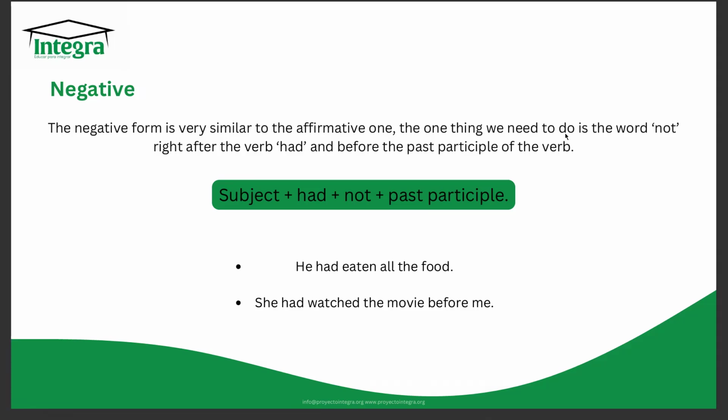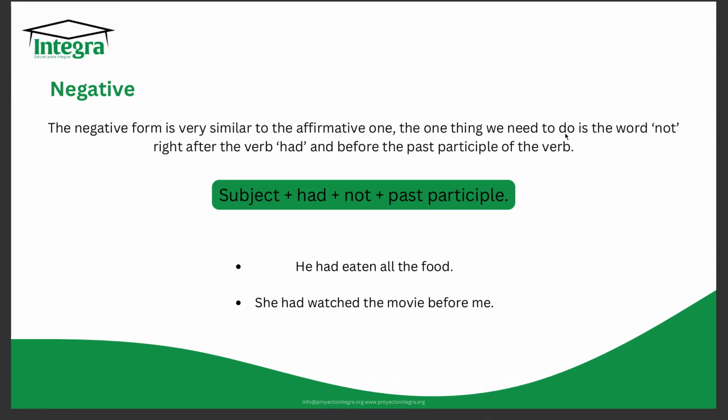Let's take this sentence to explain a little bit further, okay? So we have two actions. What are the actions in this sentence? This girl watched the movie, and then me, I watched the movie. What we do here is that we use this tense to explain or to tell the action that happened first.